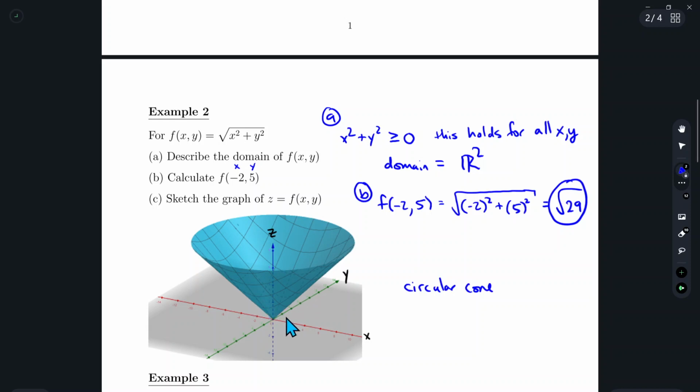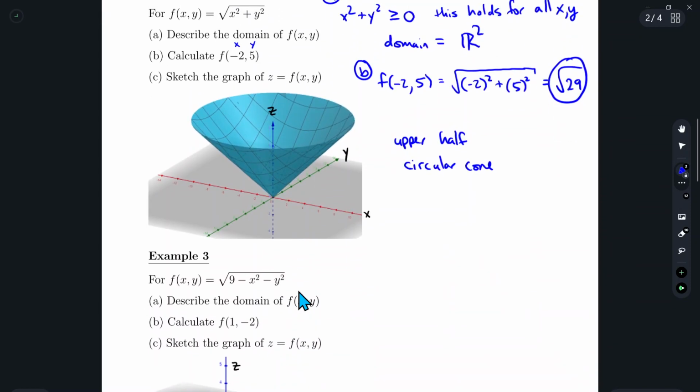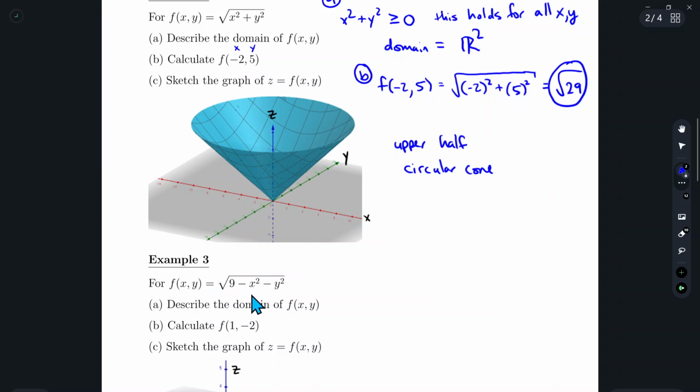The cone in three-dimensional space actually has two parts: the upper cone, and also a lower cone. Because this only has the upper part, we call it the upper half circular cone. Okay, so that's example 2, and now let's take a look at example 3.